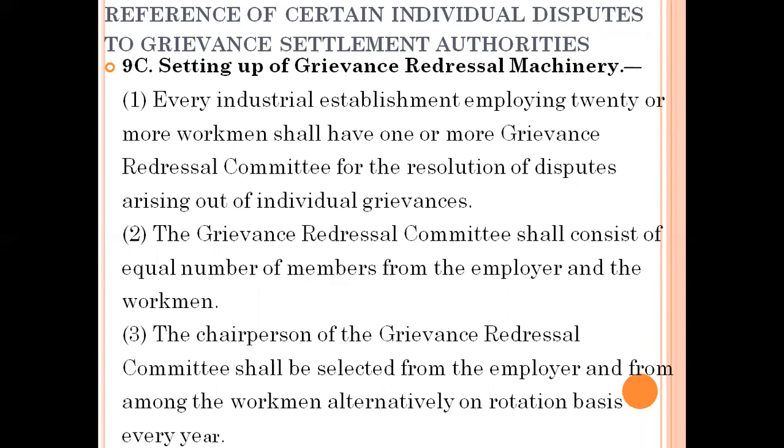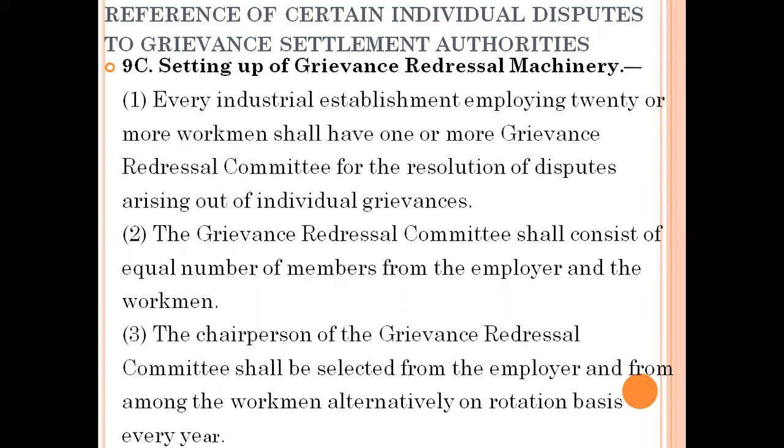Then we will discuss a reference of certain individual disputes to grievance settlement authorities. So reference, we have to refer certain industrial disputes to the various industrial dispute settlement authorities.